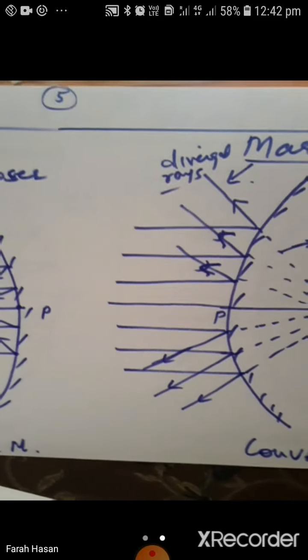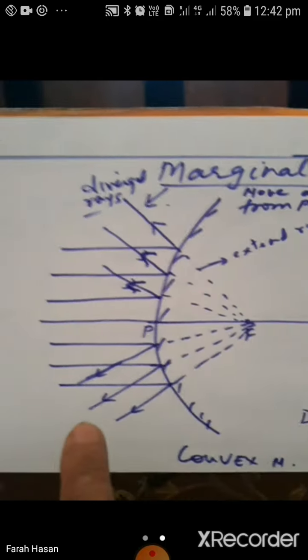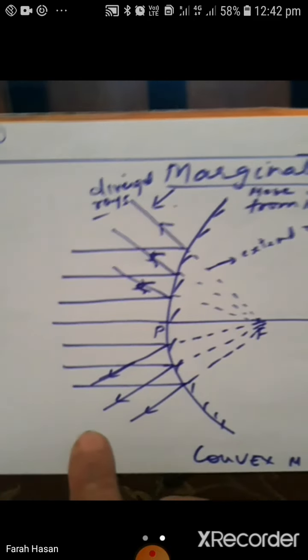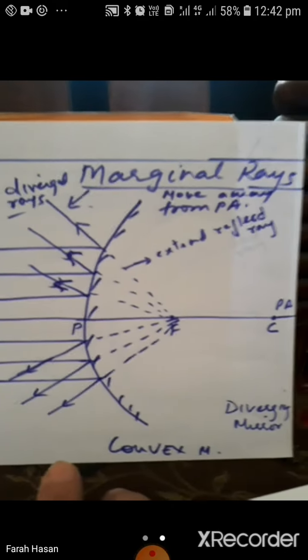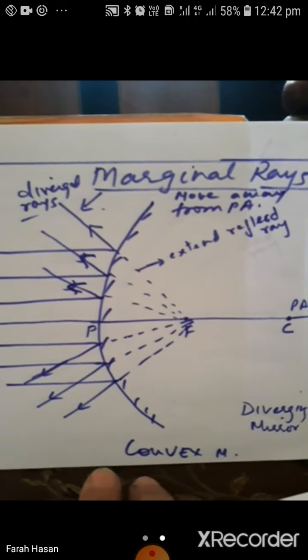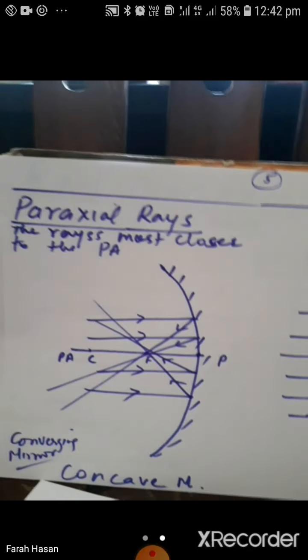Since this mirror diverges the rays, it is also known as a diverging mirror. So the convex mirror is also known as the diverging mirror, and the concave mirror is known as the converging mirror.